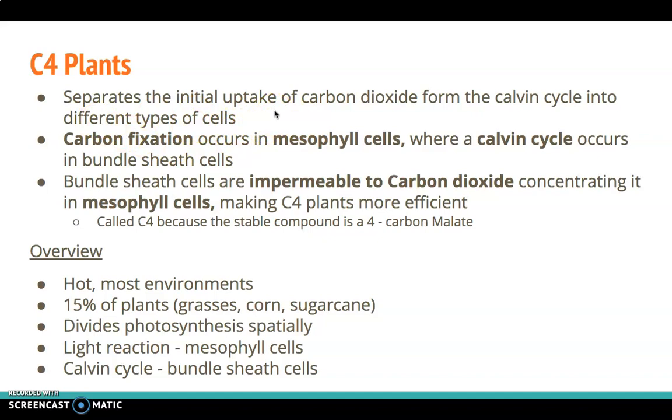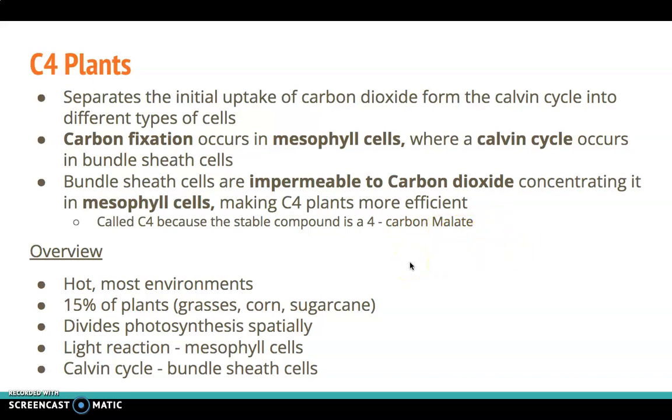Carbon fixation occurs in mesophyll cells, whereas the Calvin cycle occurs in bundle sheath cells. Bundle sheath cells are impermeable to carbon dioxide, concentrating it there and making C4 plants more efficient. It's called C4 because the stable compound is a 4-carbon malate.